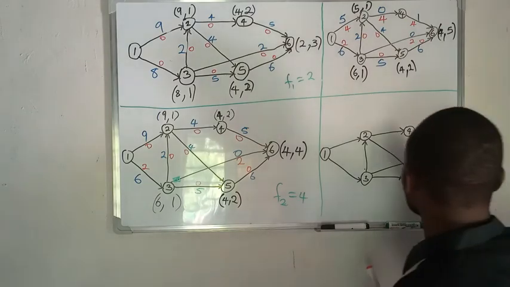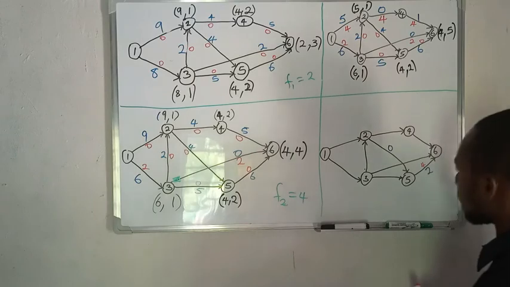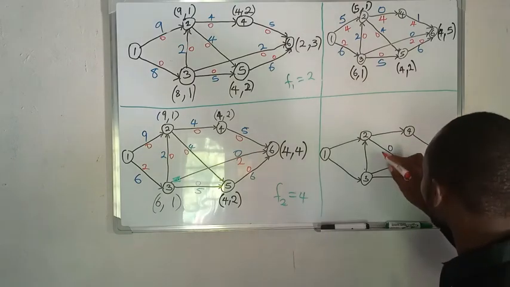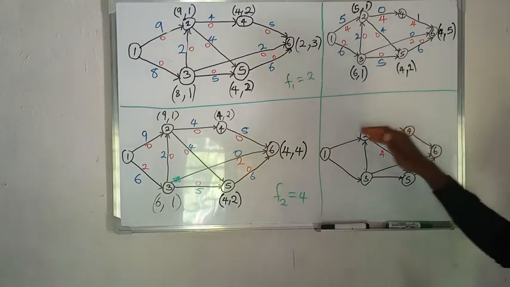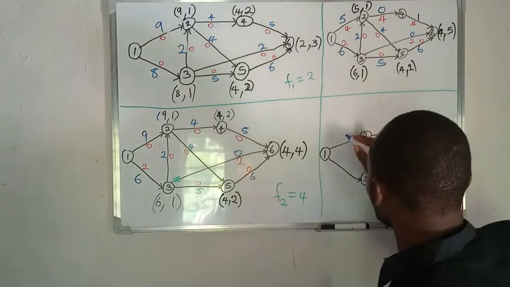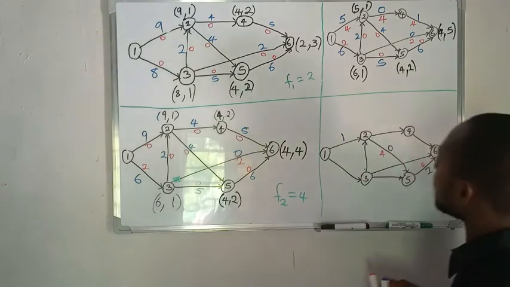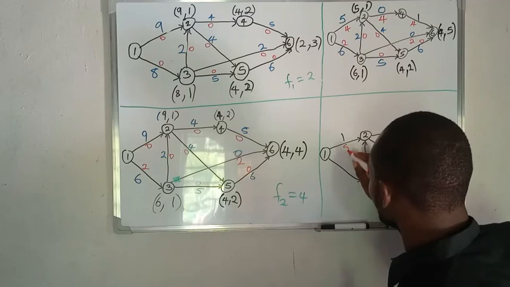We have 4, we have 0 here, we subtract 4 from 4 here, and then we have 4 as our actual capacity here, and then 2 is labeled from 1, so subtracting 4 from 5 will give us 1, and then adding it to 4 down here will give us 8.